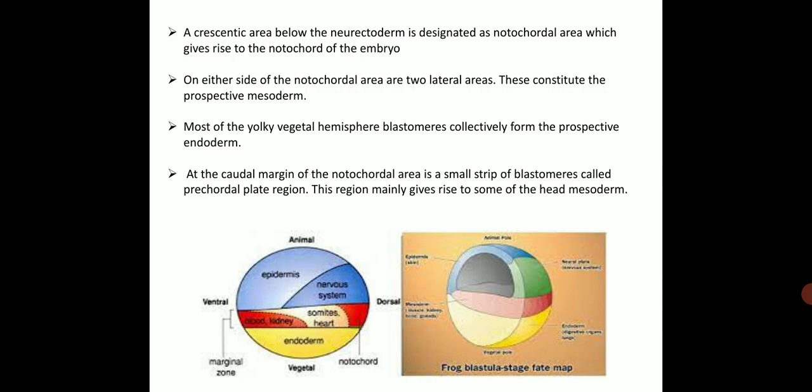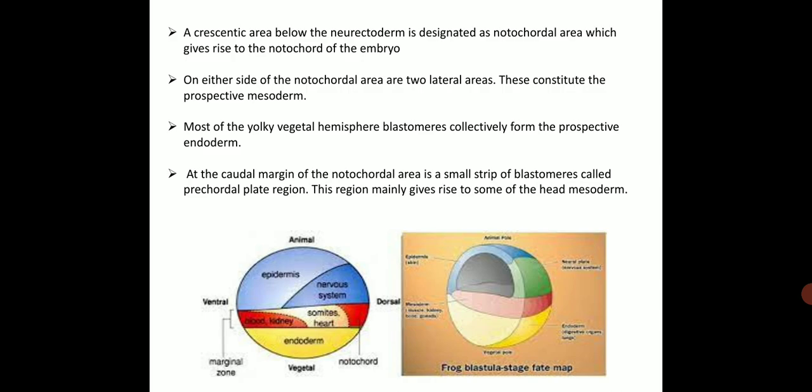A crescent area below the neuroectoderm is designated as the notochordal area, which gives rise to the notochord of the embryo. On either side of the notochordal area are two lateral areas. These constitute the prospective mesoderm.